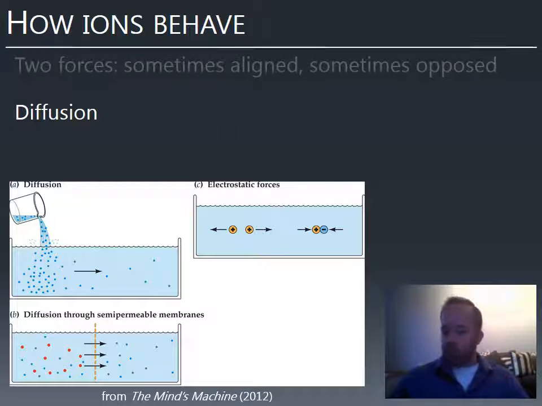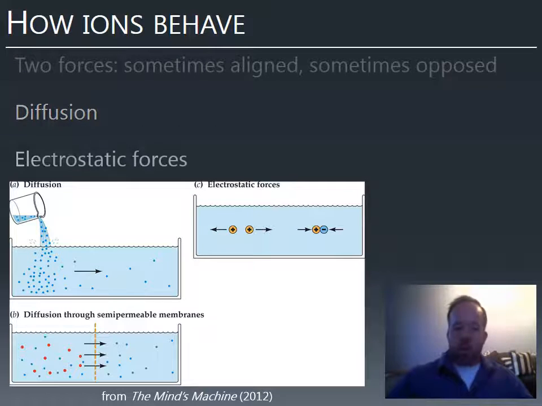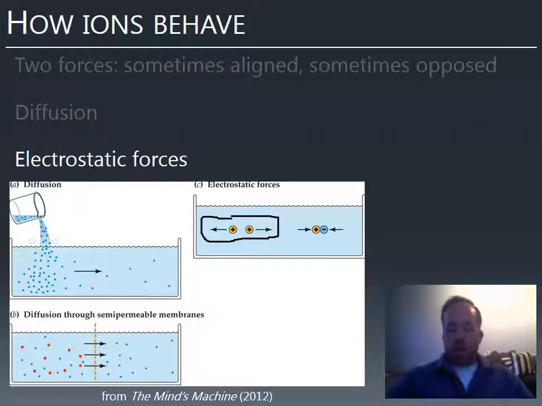So that's diffusion. But there's a second force in place called an electrostatic force. And all that means, and we've probably already heard this concept many times, is that positive charges repel each other, negative charges repel each other, but opposite charges attract one another. So if you have two positive ions, as we see here, or two negative ions, it would work the same way, they tend to move apart.